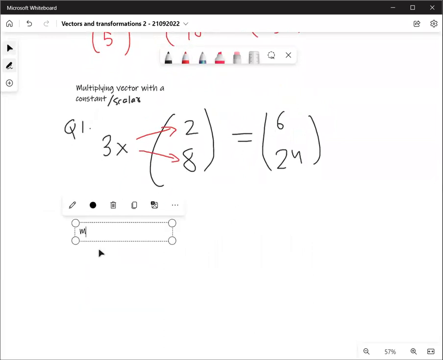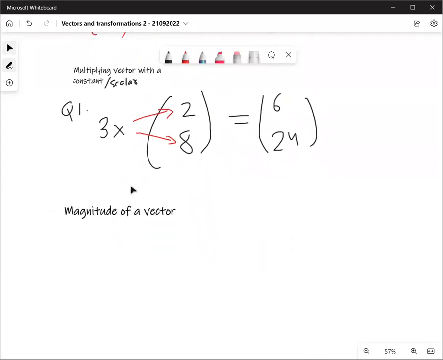Now finally, we're looking at the magnitude of a vector. How do I find the magnitude of a vector?